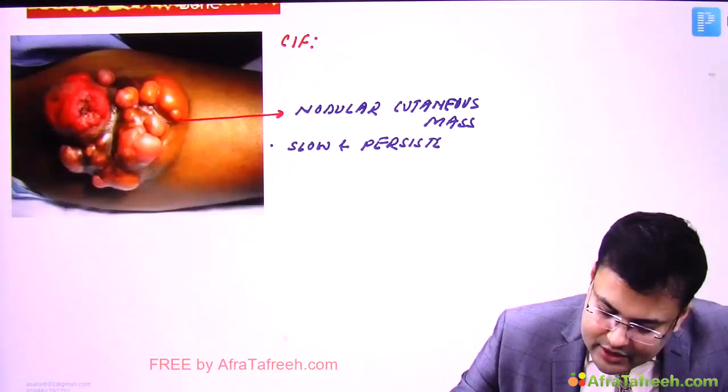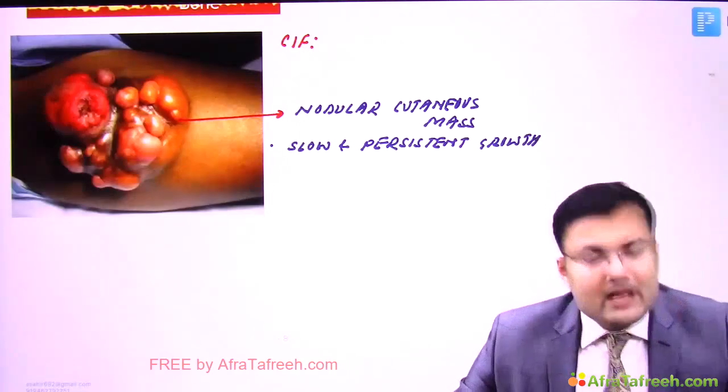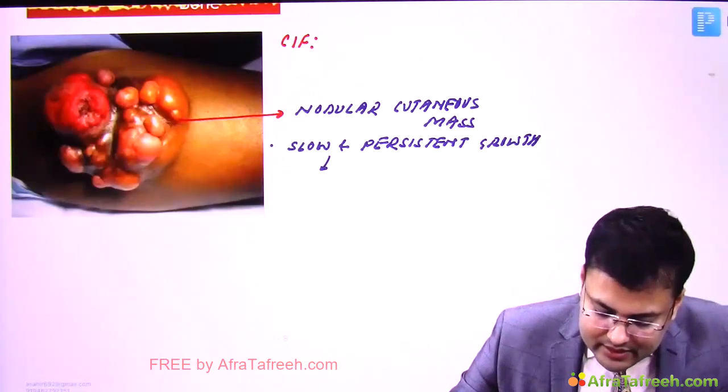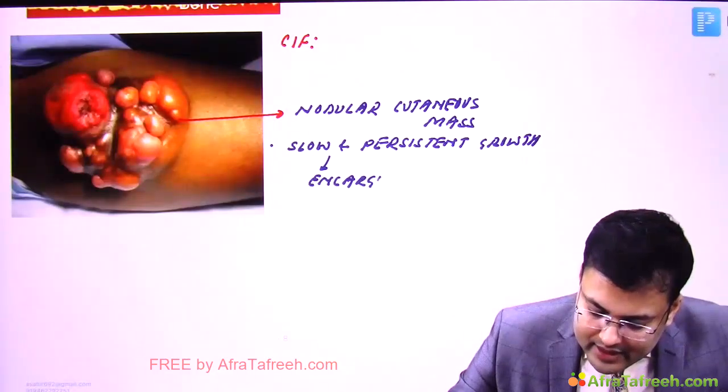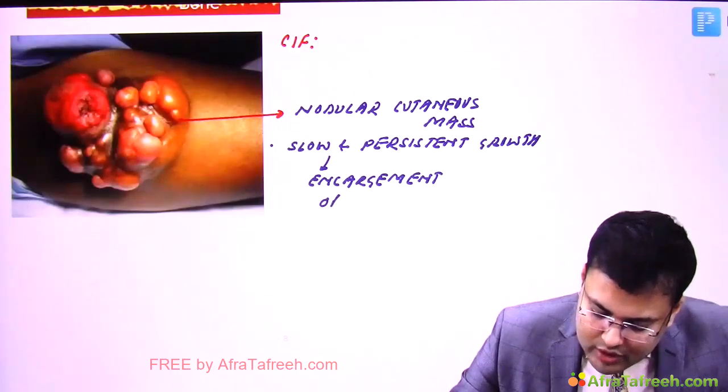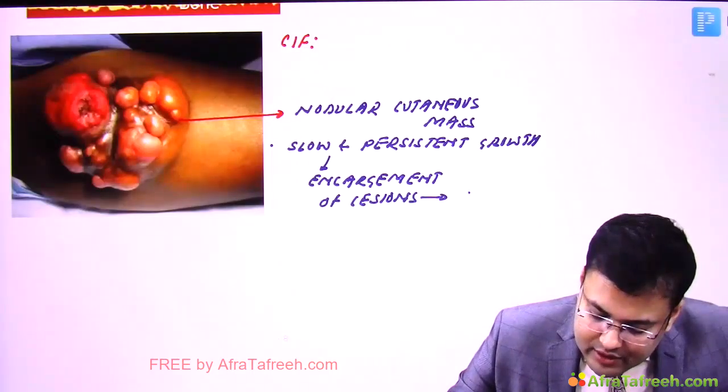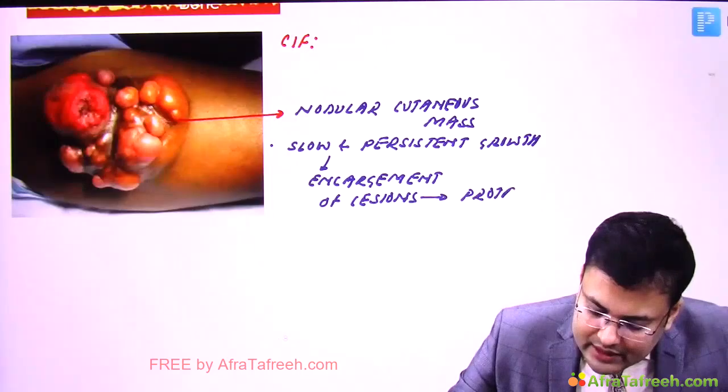Because of this slow and persistent growth, the lesion enlarges over many years, and because of this enlargement you will notice the protrusion, and that's why it is known as protuberans.